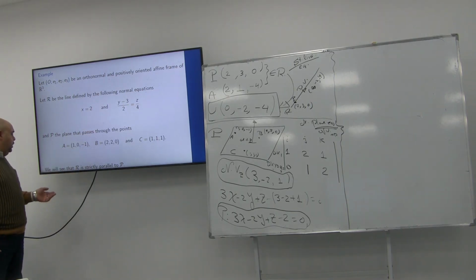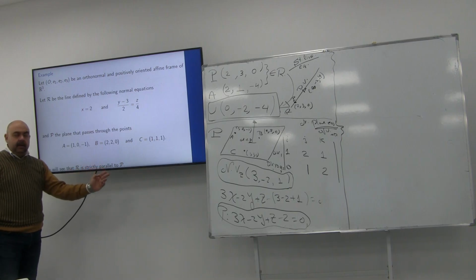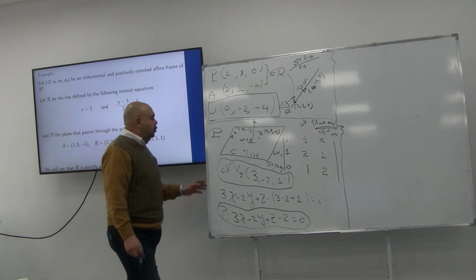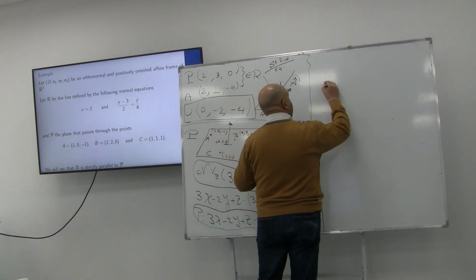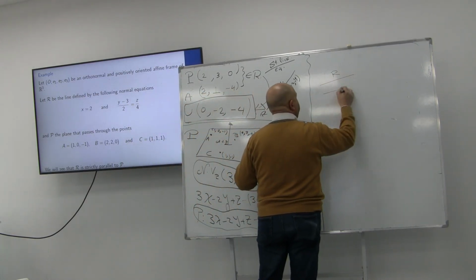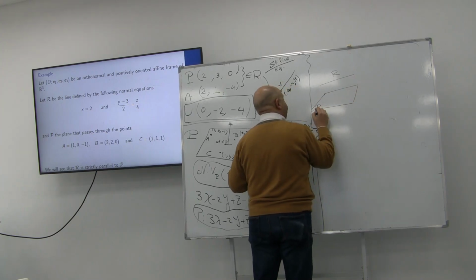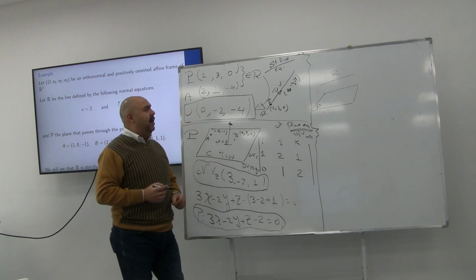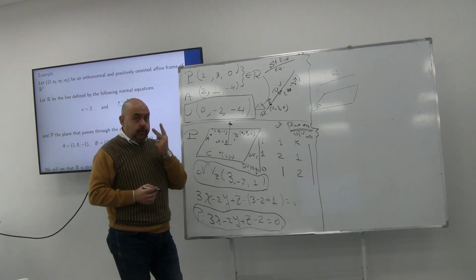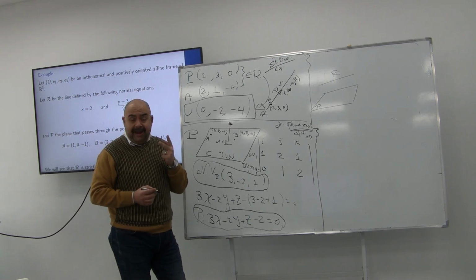What we want to show is that R is strictly parallel to P. So if I want to see that the straight line R actually is parallel to the plane P, how to do it? I will have to get two points, actually.